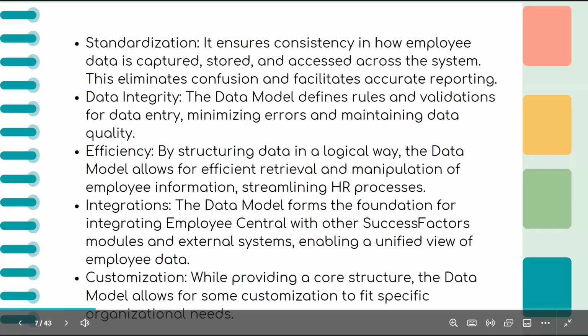The third point is efficiency. What do we mean by efficiency? Because our data is structured and logically connected with each other, we can retrieve the data for reports easily. So efficiency is also an important point whenever you are considering a data model.